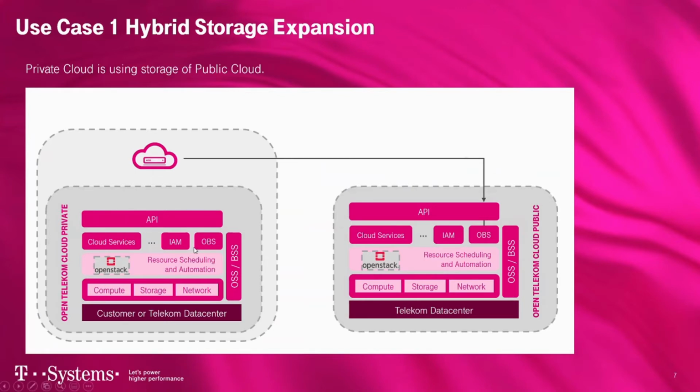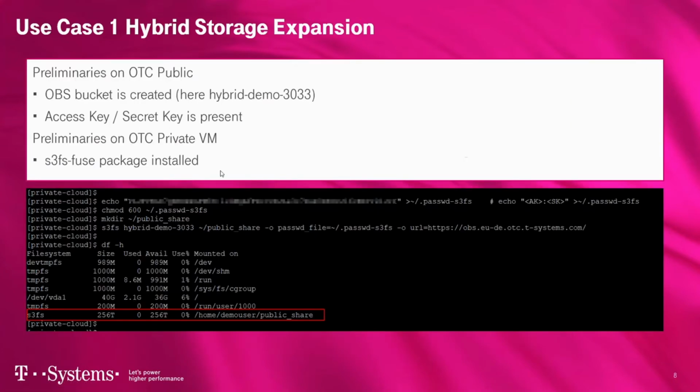So how does this work? There is some preparation necessary. The preliminaries are: create a bucket on the public side, have some credentials present, and on the private side, you have to install an additional package. For CentOS or Red Hat Enterprise Linux, this is the S3FS-Fuse package, which is contained in the EPEL. Together with this, you just store your credentials in a file and then mount the OBS bucket with the s3fs command.